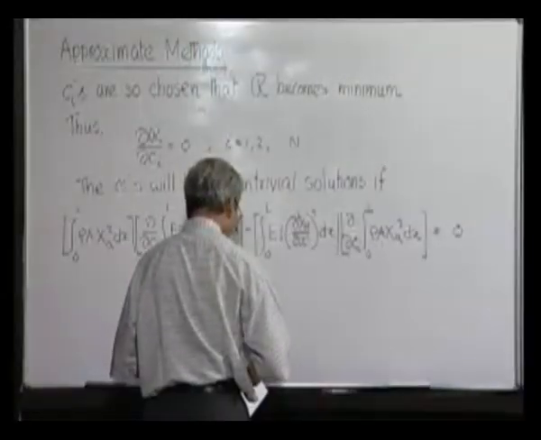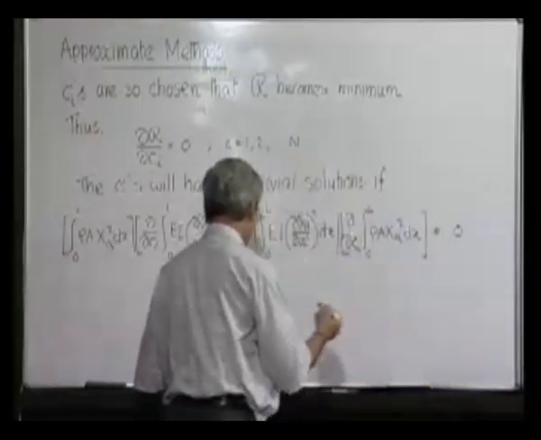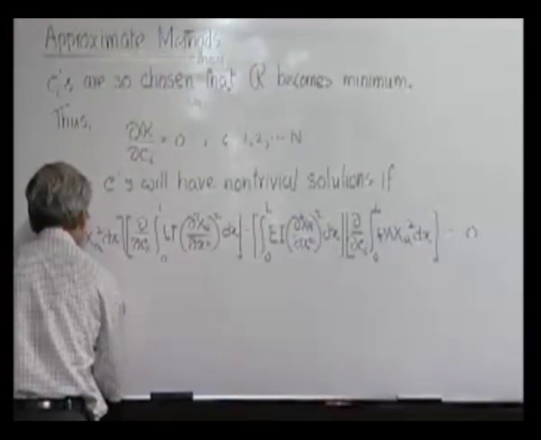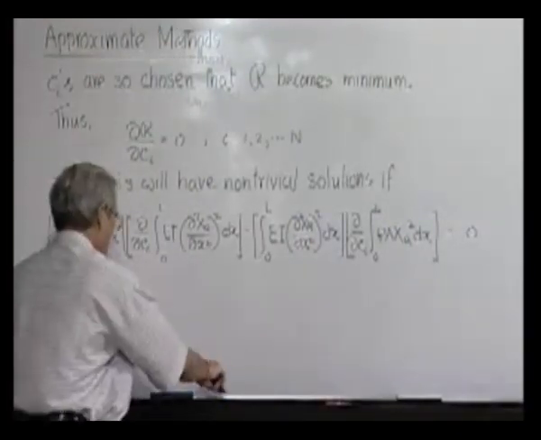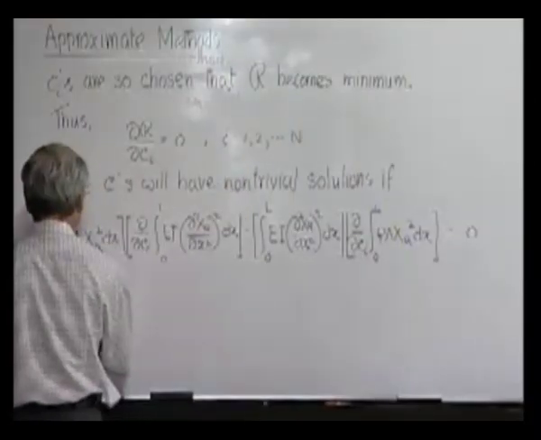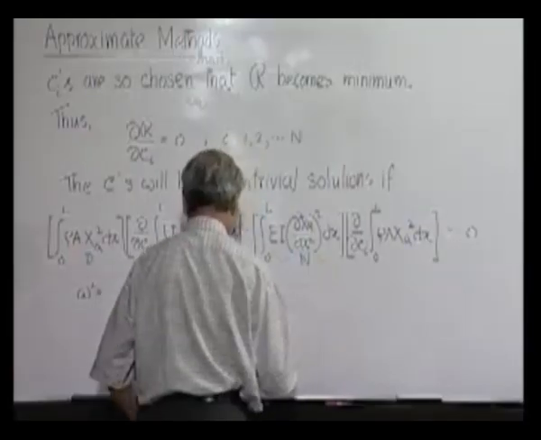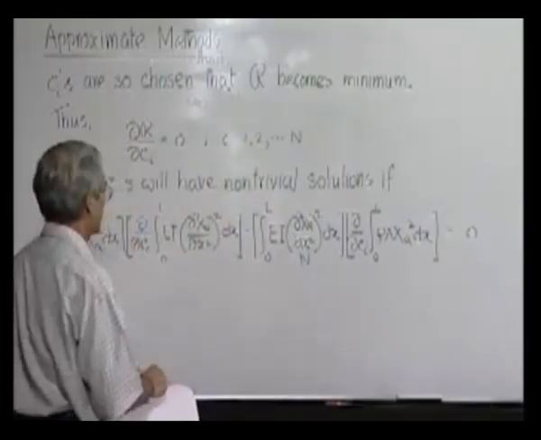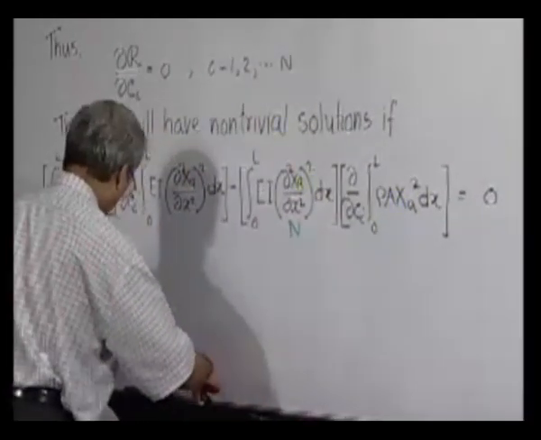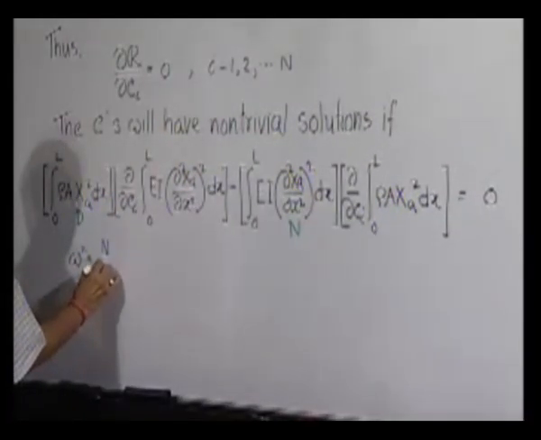Now, we further know that omega square is equal to numerator by denominator.